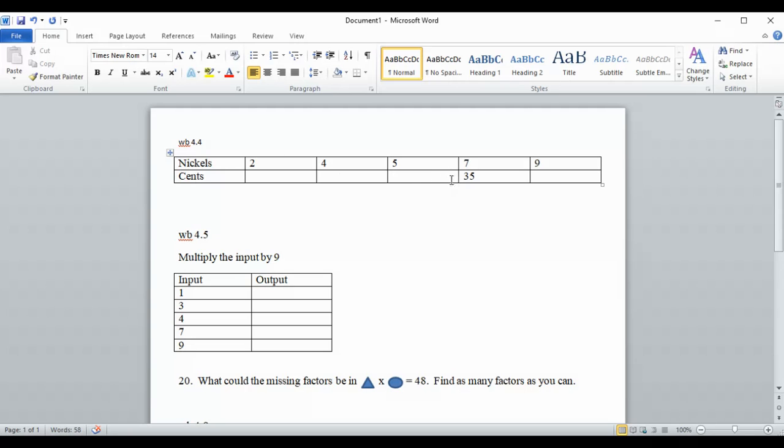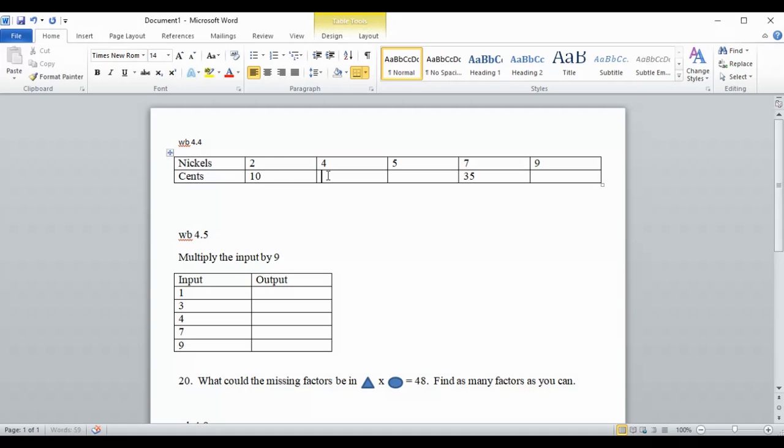So you can see one of them is done for you here. 7 nickels is worth 35 cents. And I hope you know that that's because they said 7 times 5, because 5 is the amount a nickel is worth. 7 times 5 is 35 cents. So if we have 2 nickels, that would be 2 times 5, which is 10 cents.